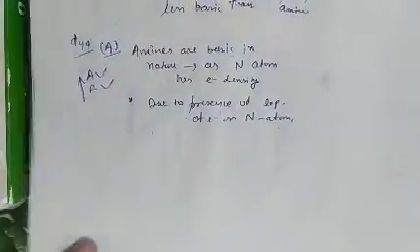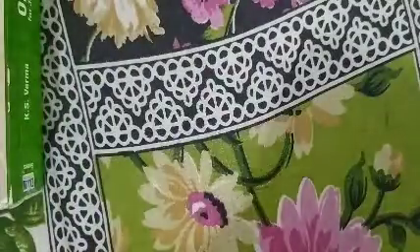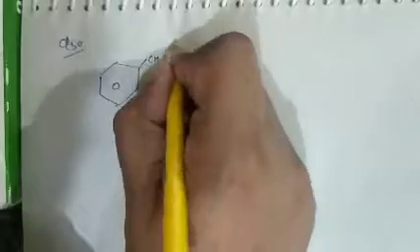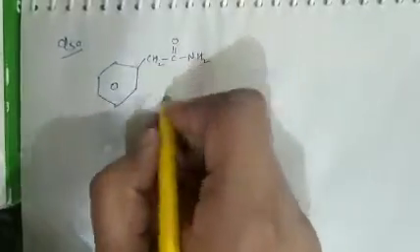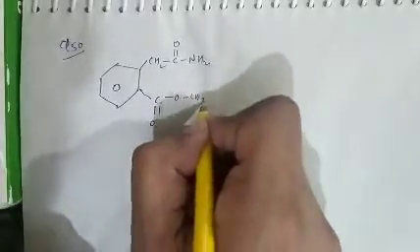See question number 50. In question number 50, there is a sequence of reactions. The first compound given there is benzene, CH2, C double bond O, NH2, and COOCH3.